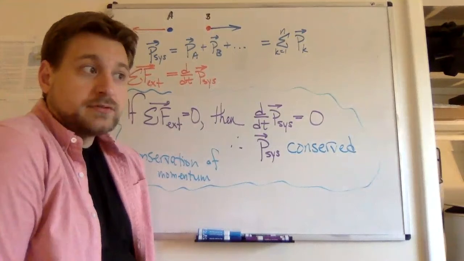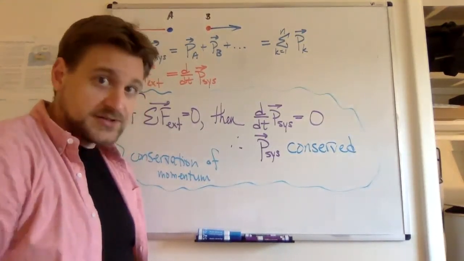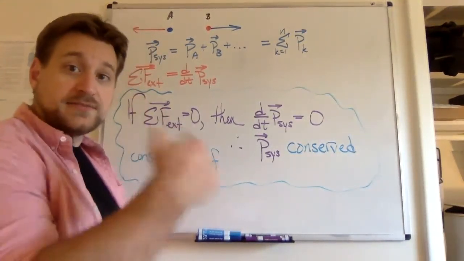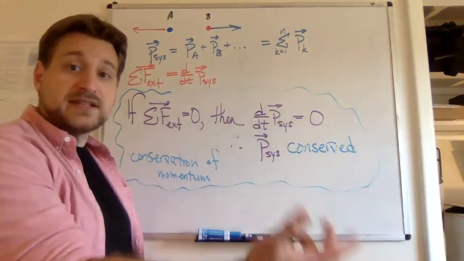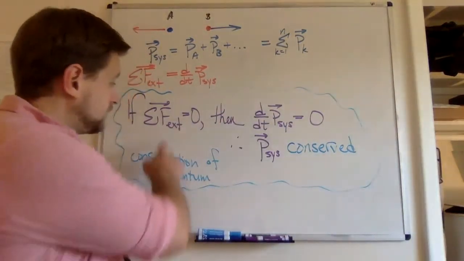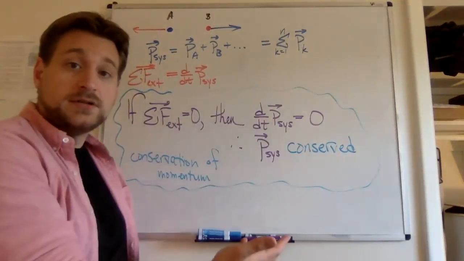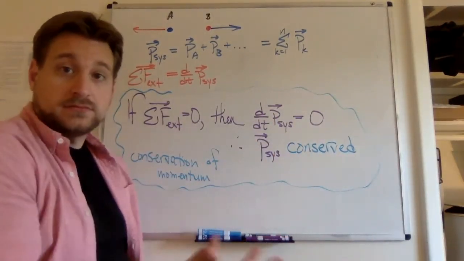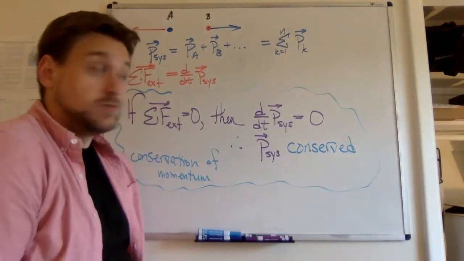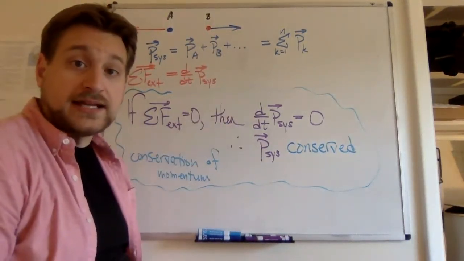In this case, for example, we don't need to know how much force one piece of a system exerts on another piece of the same system, because those are internal forces. And it's only the external ones that affect the motion of the system. This is cool. We might actually get something out of this momentum definition that we made.